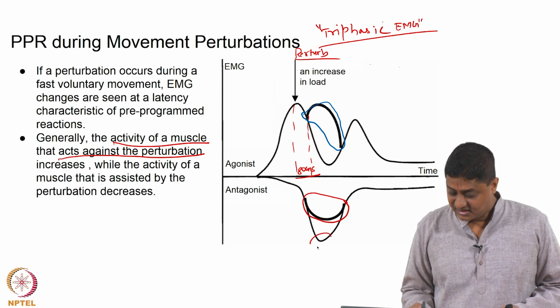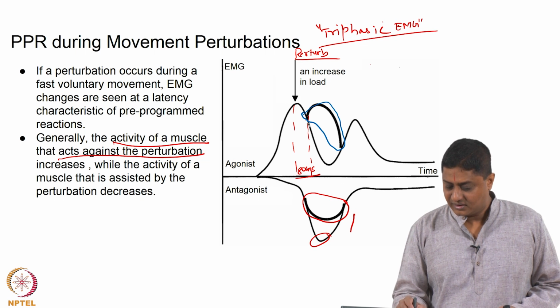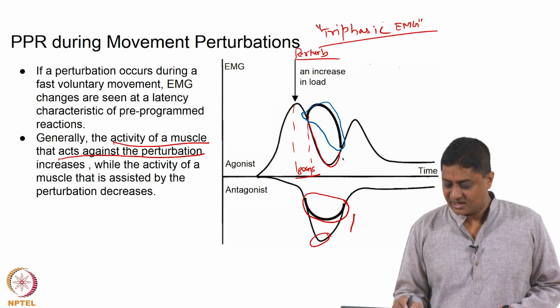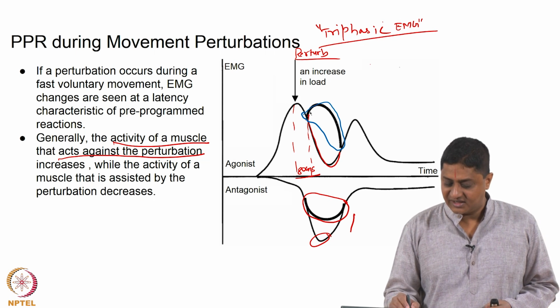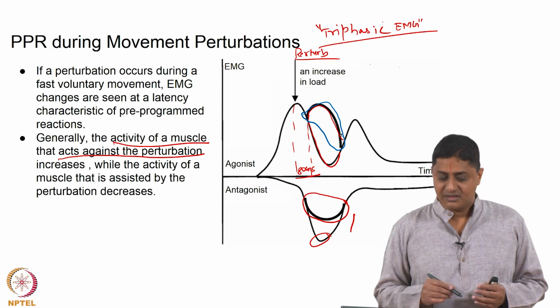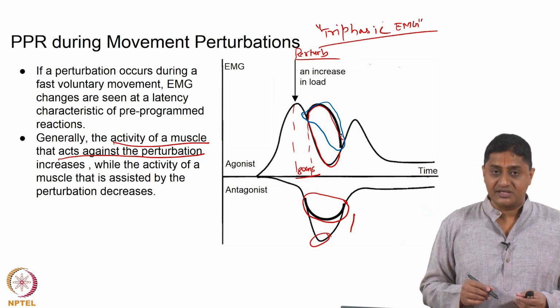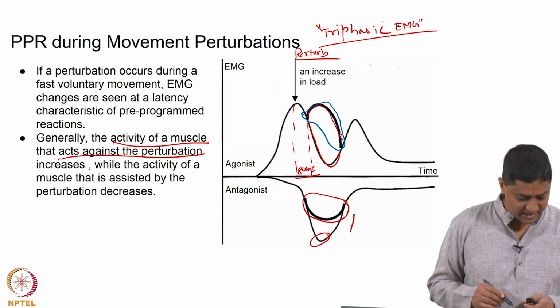Earlier it was this, now it has decreased. Earlier the muscle that was acting against had that amplitude, now the perturbation has happened and its activity has increased. So, the response is not stereotypical, it is context specific. Generally this is what happens.